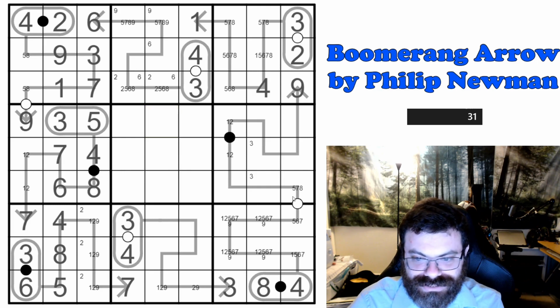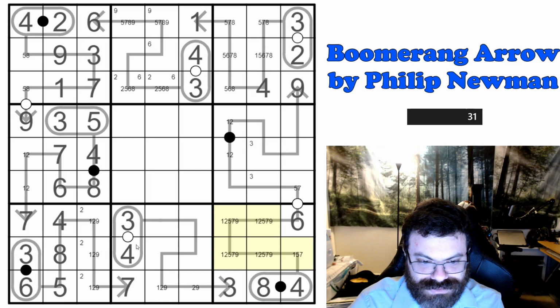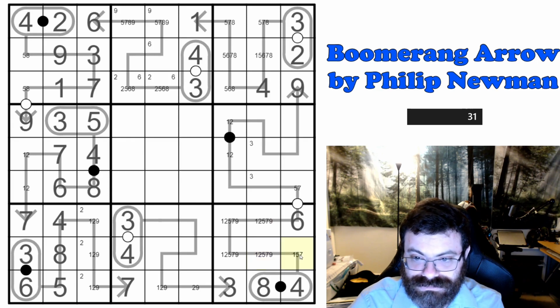Sorry, I'm getting a little slow here. This 8 sees here. So this can't be 7 anymore because it doesn't have a buddy. It doesn't have 6 or 8. Can't be 5 either, right? So this has to be 6. None of those are 6. So this is 1, 5, 7, or 8.